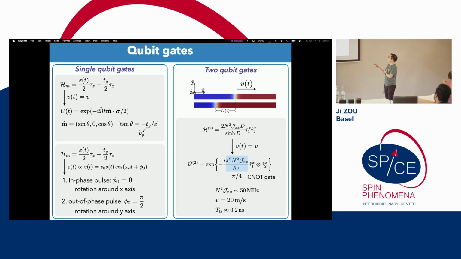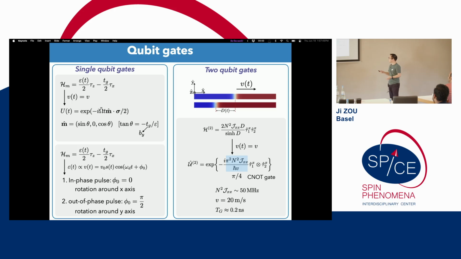So to realize this kind of two-qubit gate, we just need to move, for example, the upper domain wall across the other one in this lower panel. For example, if we assume the velocity is constant, then we essentially realize a C-phase gate up to some single qubit rotations.